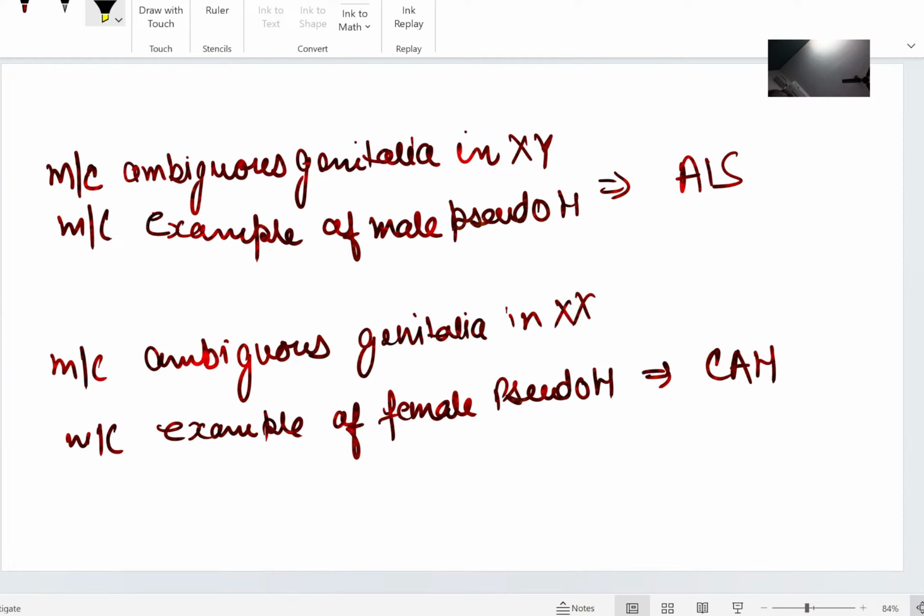Answer this question again. They are very important. What is the most common reason of ambiguous genitalia in XY genotype? Answer it.